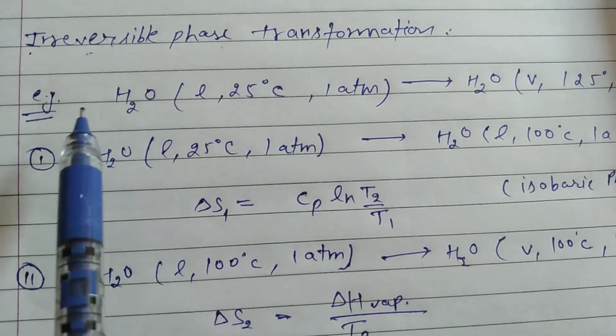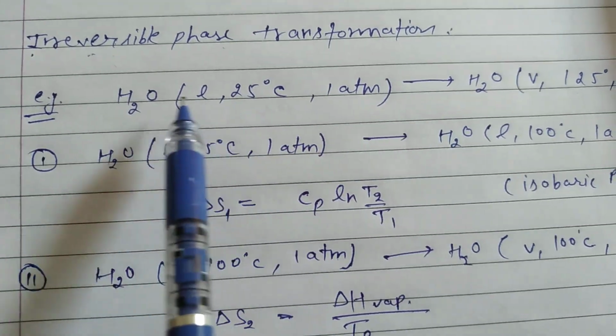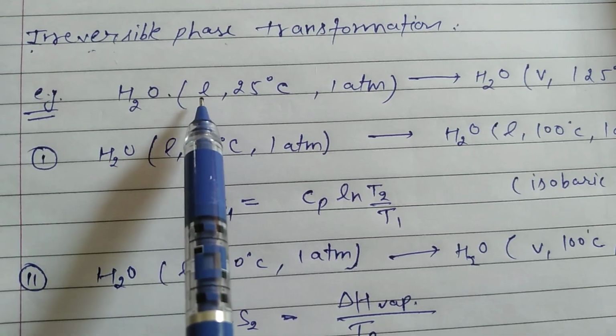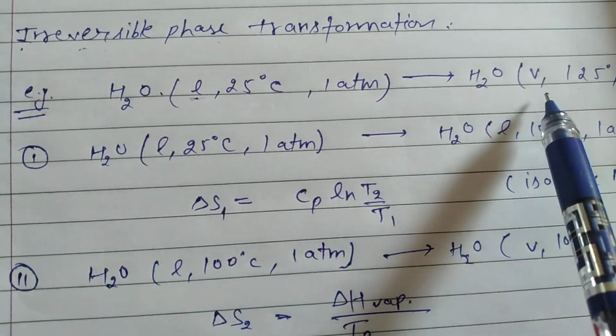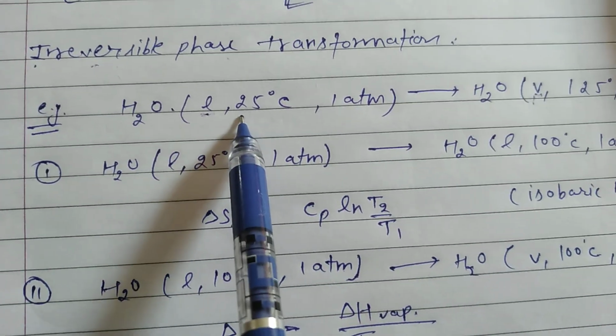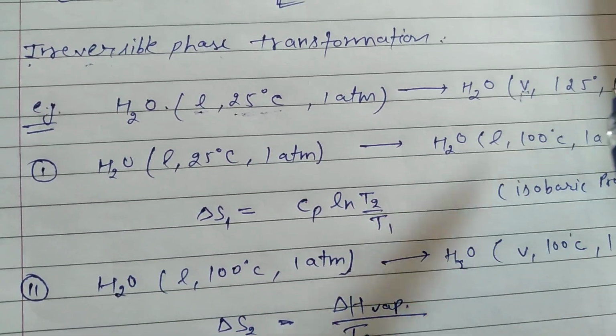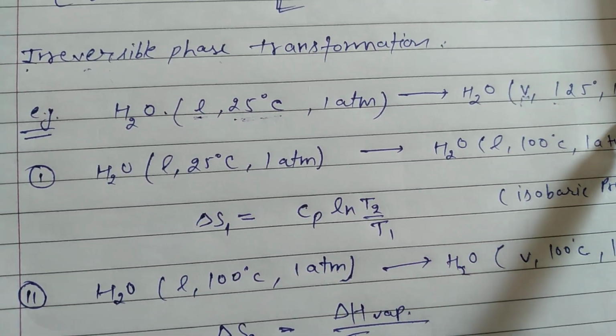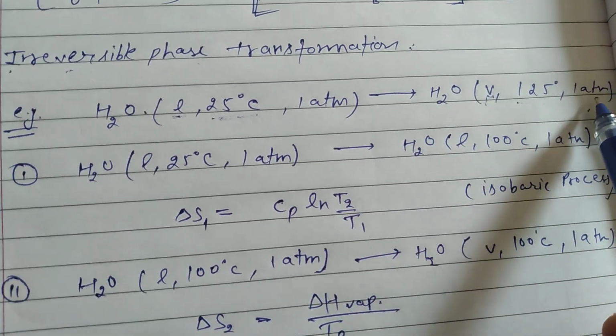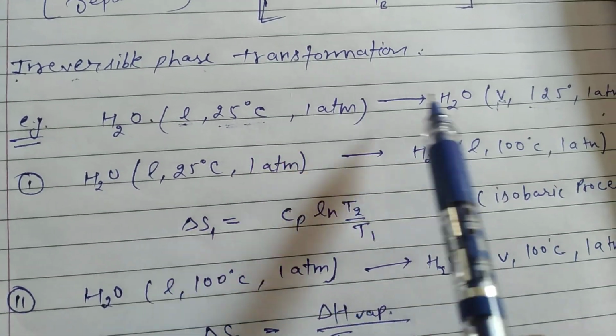This is a particular problem in which water is going to change its phase from liquid to vapor, and the temperature is also going to change from 25 degrees Celsius to 125 degrees Celsius, and the pressure remains constant during the whole process.